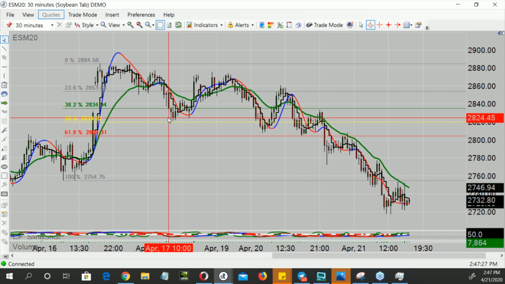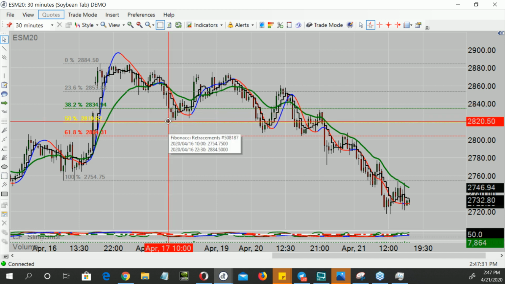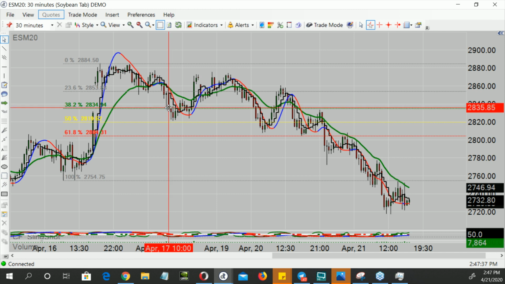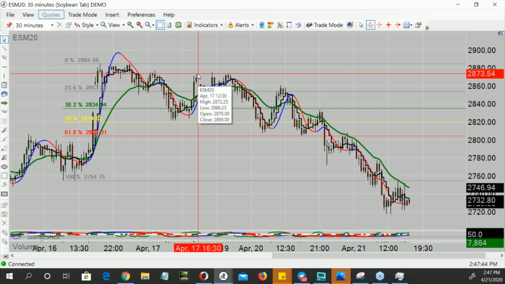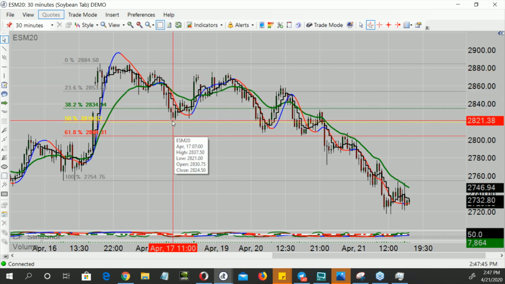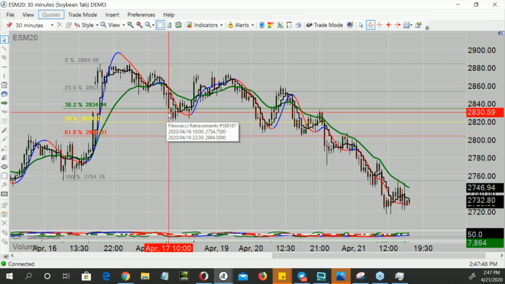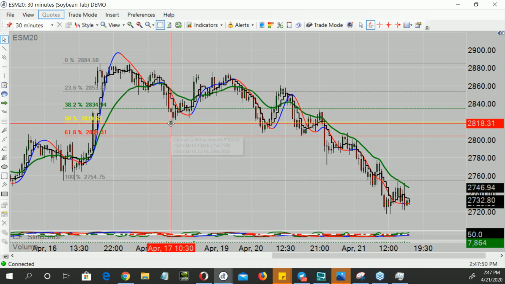Because as you can see, let's say we were 38% guys, and we really feel that the 38% Fib is the best one to catch a bounce on. So we parked an order here, went golfing, came back, only to find out, yeah, the market did go higher, but it didn't stop at the 38, it continued to the 50.